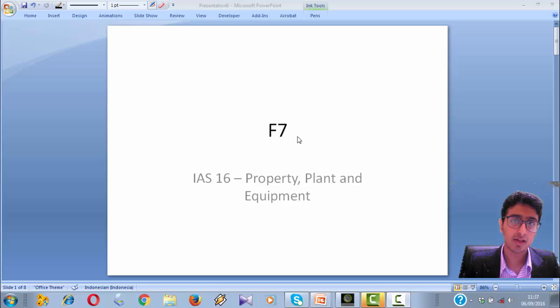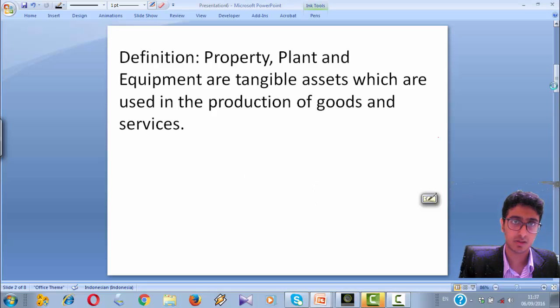Now, let us first start off with the definition of property, plant, and equipment. The definition of property, plant, and equipment are tangible assets which are used in the production of goods and services.